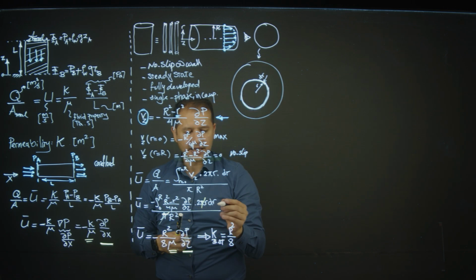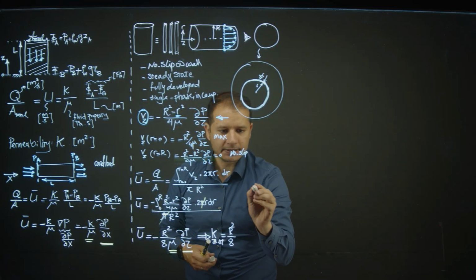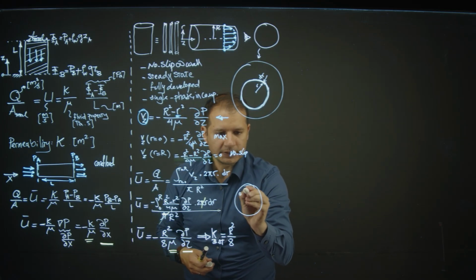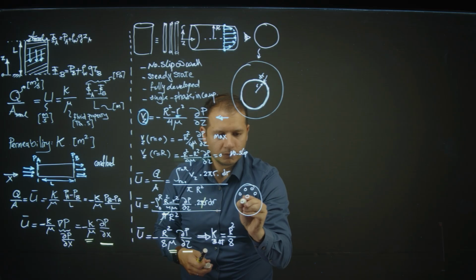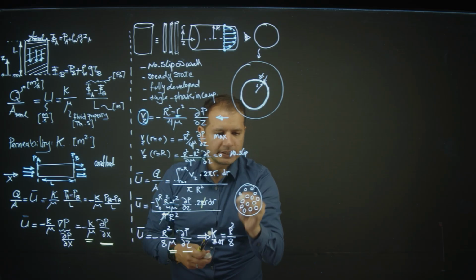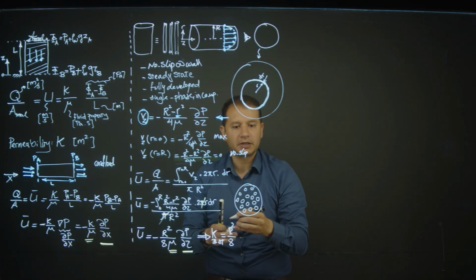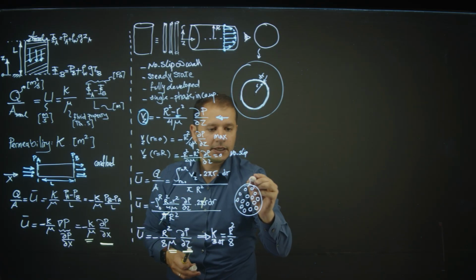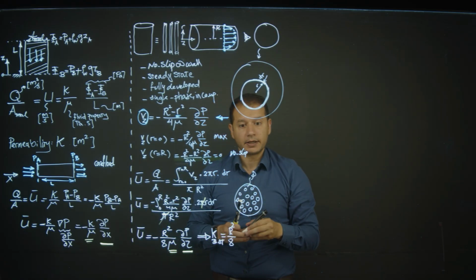Fantastic. How about if my rock had only a few percent of it, or some percent of it, porous? So I had a rock sample that had these tubes, and they were not the entire surface of it, because the porosity is φ and it's less than 1.